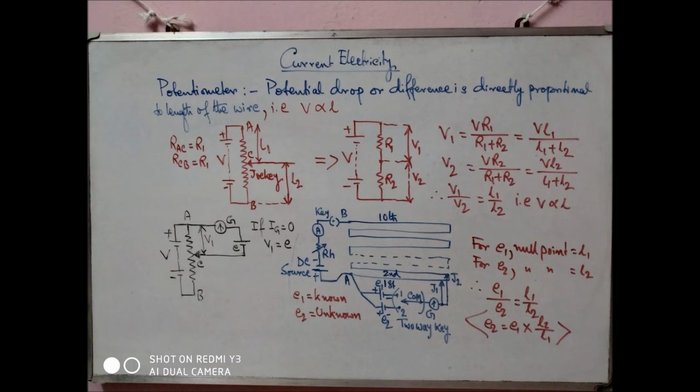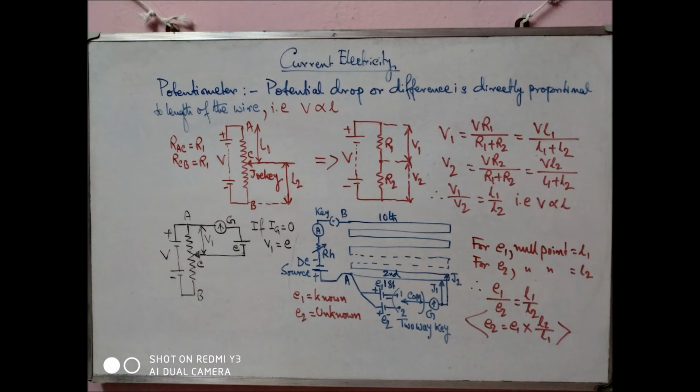We move the variable point over the length of the wire. Whenever it is tapped, that is, temporarily connected to any point of the wire, we get a voltage drop or difference in terms of length. So very easy, as length increases, the voltage drop also increases.